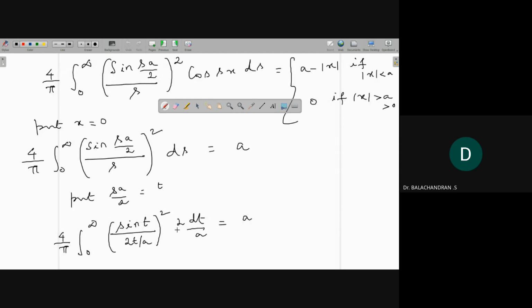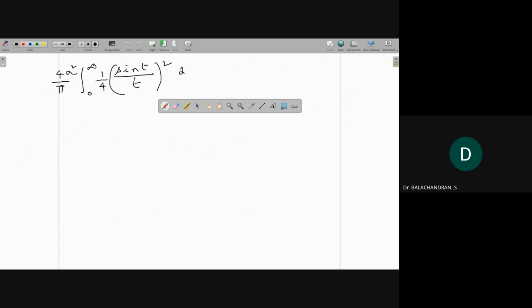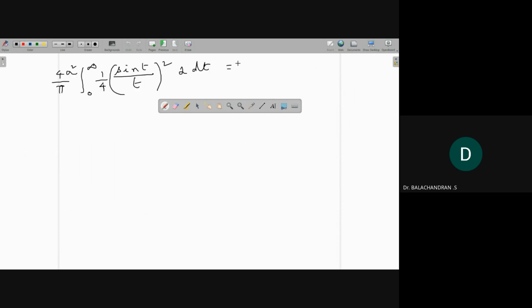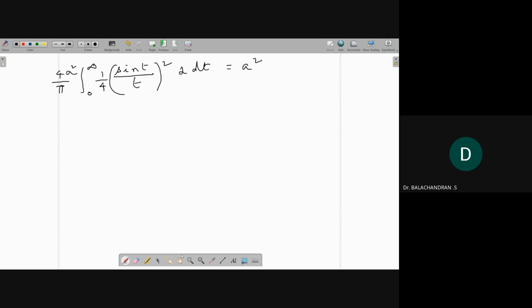Then 2 into dt, and I'll write this a square here. So the 4 gets cancelled, integral 0 to infinity sine t by t whole square, and a square gets cancelled, into dt.